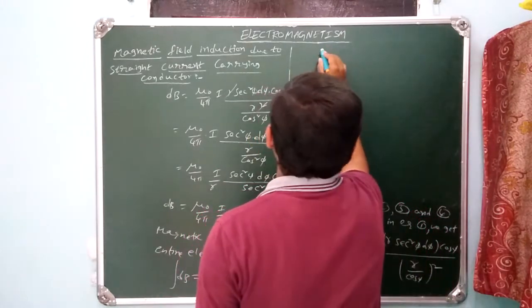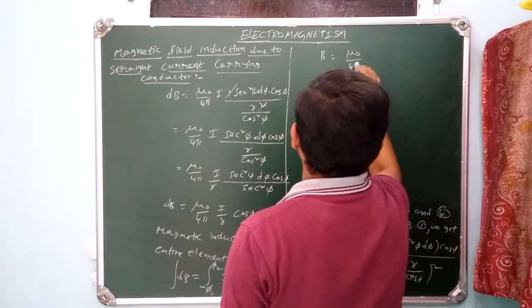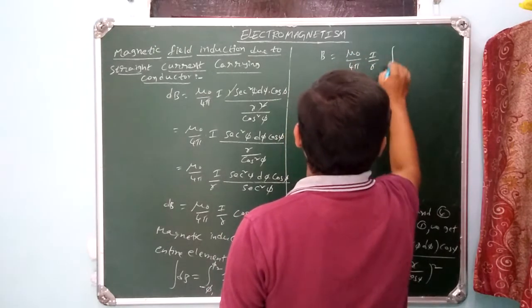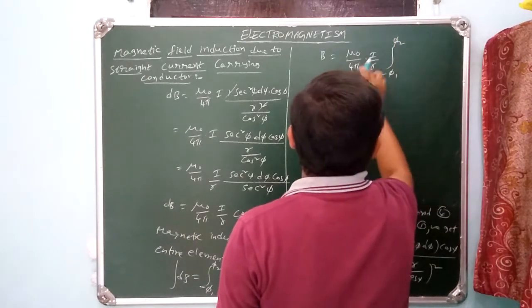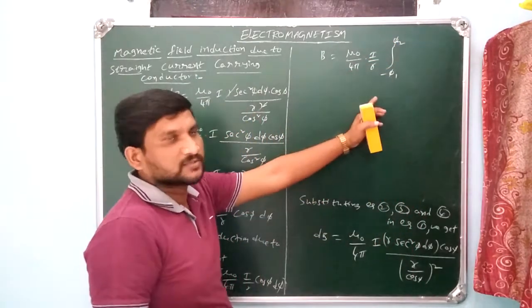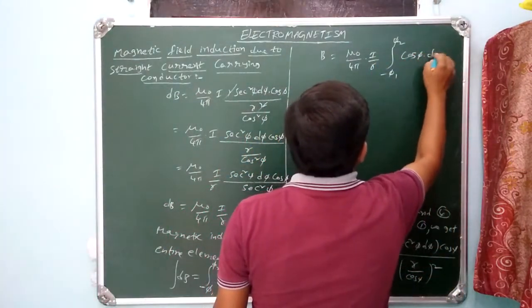See here, integration of dB means B, that is equal to mu naught by 4 pi into I by R, constant, brought outside. Therefore mu naught by 4 pi into I by R into integration from minus phi 1 to phi 2 of the remaining term, cos phi into d phi.